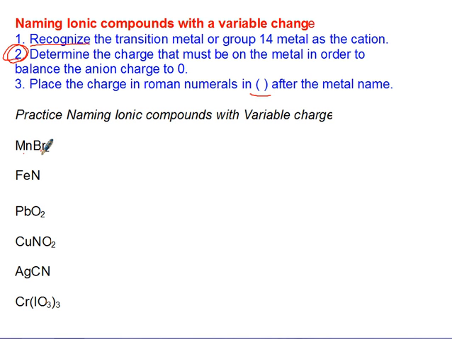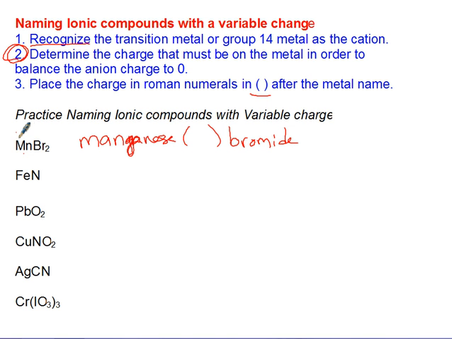So MnBr2, I know this is manganese. I know it's a transition element, so I'm going to put the parentheses. Br2 is bromide. Now I have to figure out the charge.